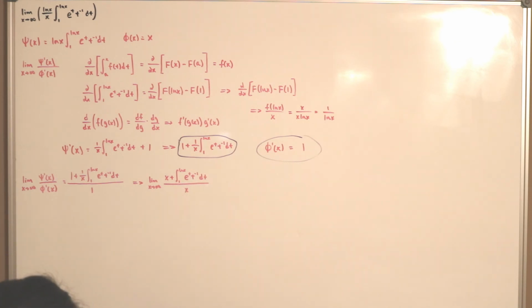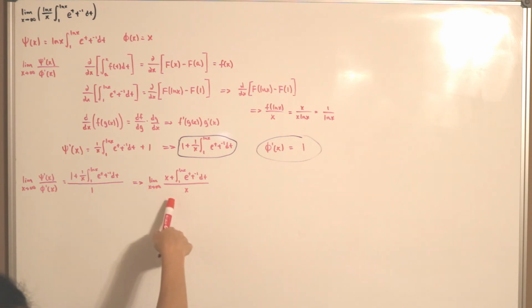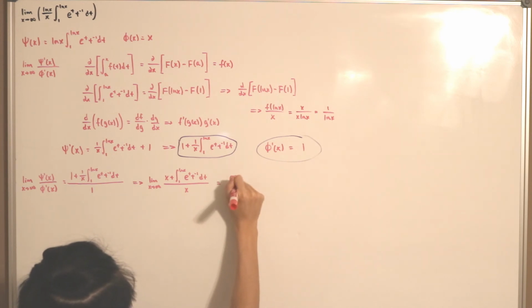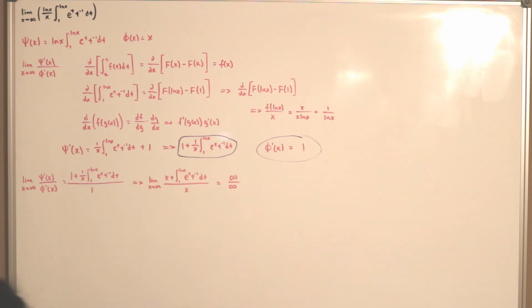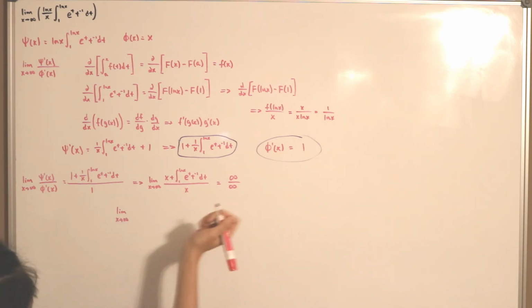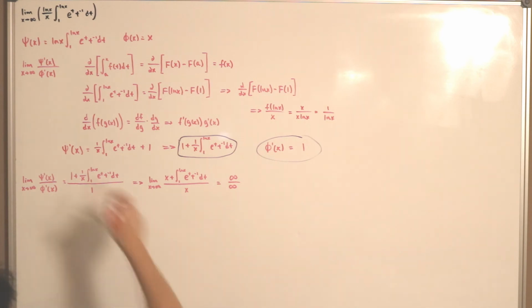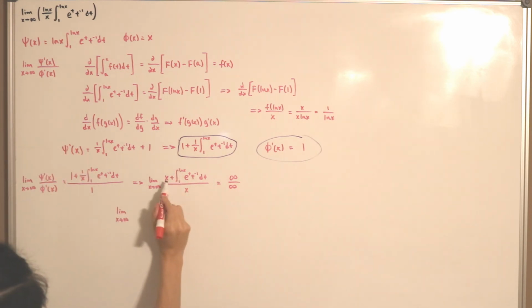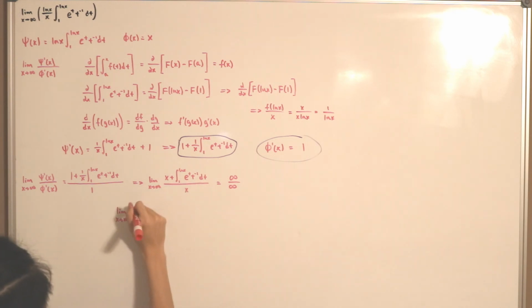Taking x approaches infinity, notice that we yet again get another infinity over infinity indeterminate form. So we have to apply L'Hopital's rule again. When we take the derivative of the numerator, we get 1.